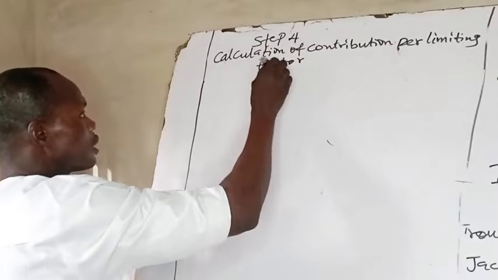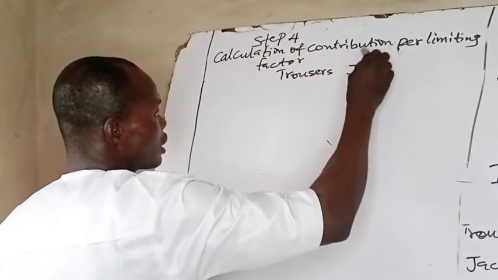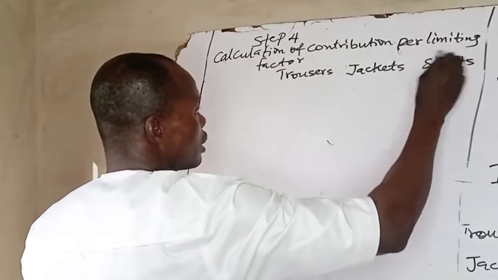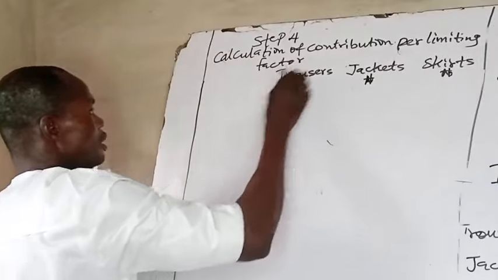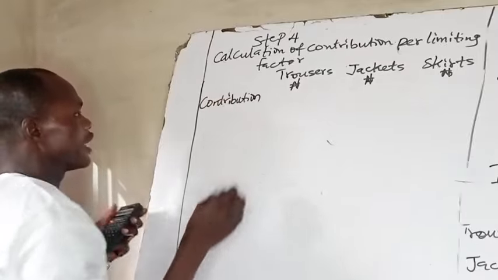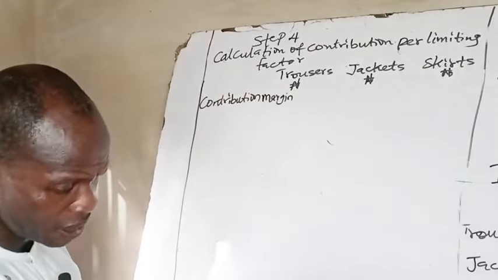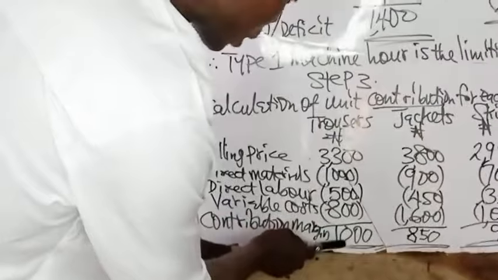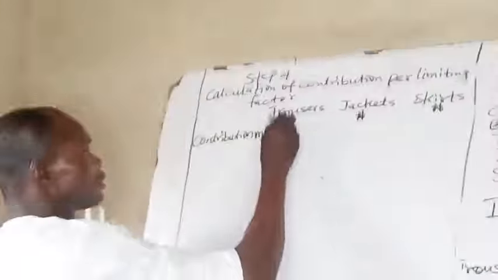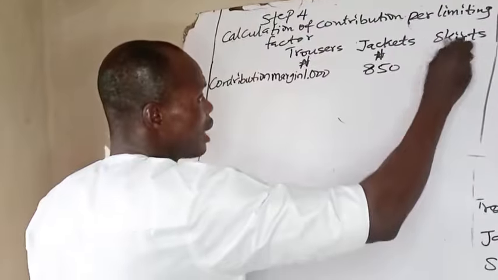We have three products: trousers, jackets, and skirts. So the unit contribution as obtained from step 3, contribution margin from step 3, we have: trouser 1,000, jackets 850, skirts 900.